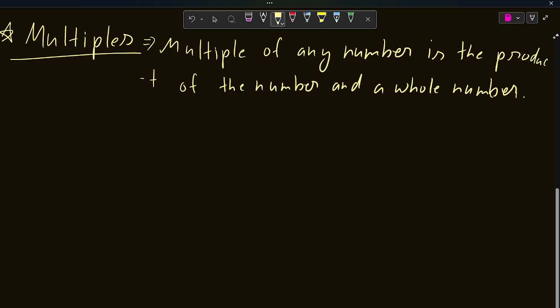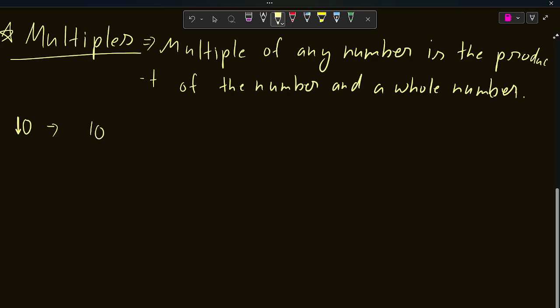Suppose I'm talking about multiples of 10. So what will be multiples of 10? Any number which is a product of 10 and any whole number.